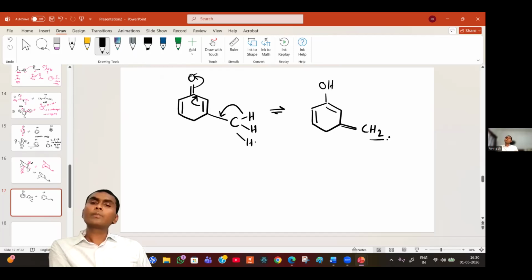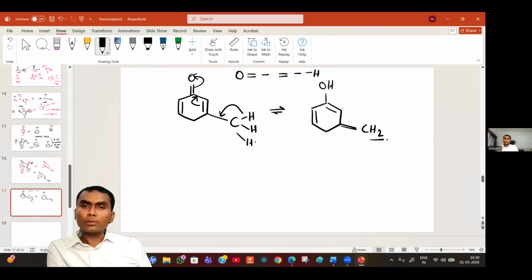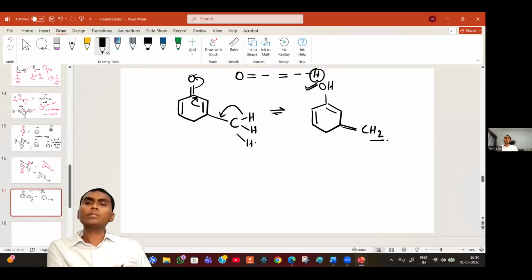See, this will take part in tautomerization because we have O single, double, single hydrogen. So this will take part in tautomerization, and tautomerism occurs like this.